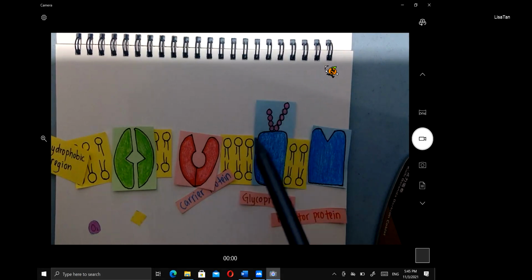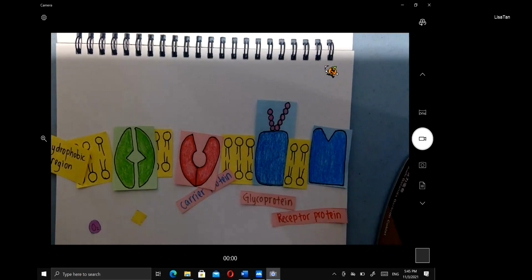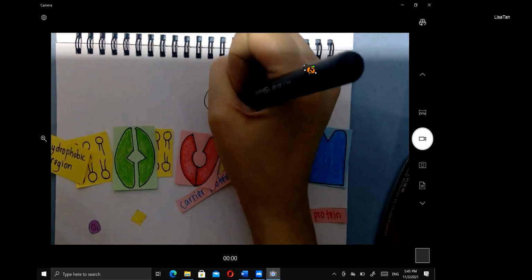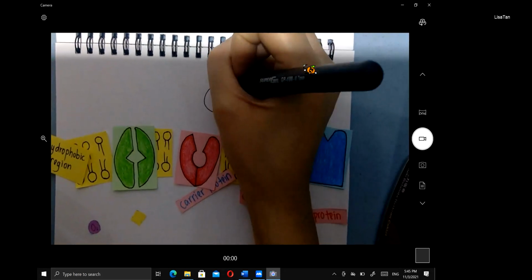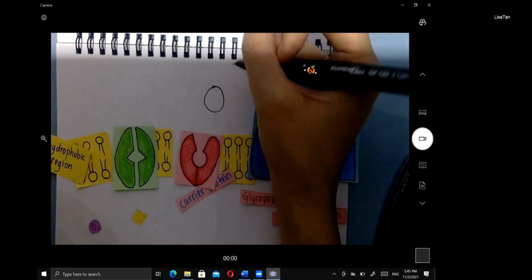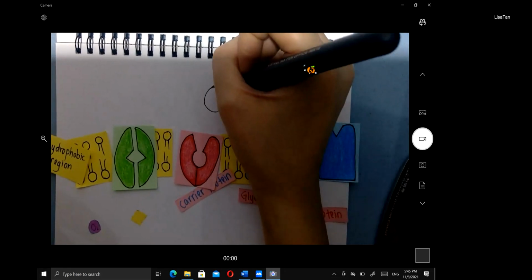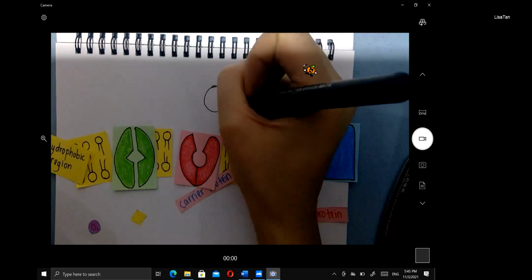So if other people donate blood to your body, for example, this is your red blood cell. Each individual will have a different shape.